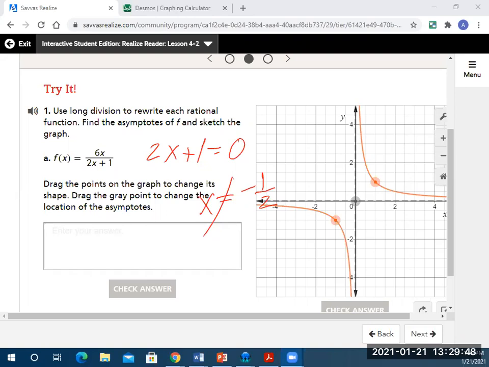The range, you do the leading coefficient en el numerator. Leading coefficient es el número que está enfrente de x, o enfrente del término más alto, más grande. So if you had x squared, x squared is the highest term, right?